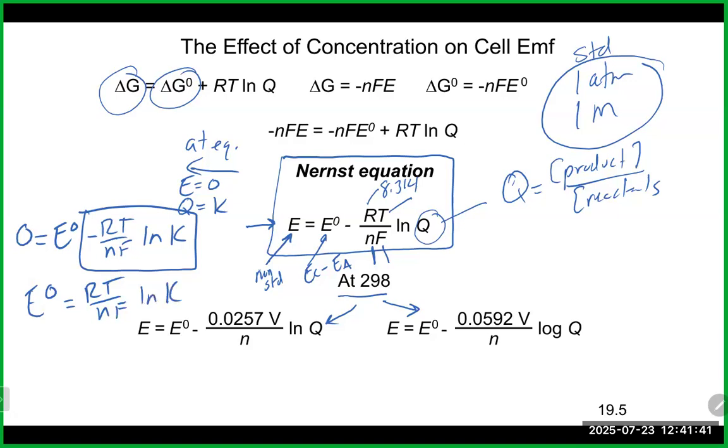And that's how you could get to the other equation from the Nernst equation if you want. Just set those equal to 0 and then solve for it as well. Any questions on that there?